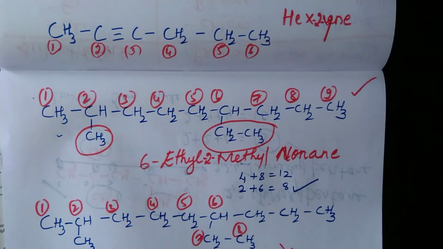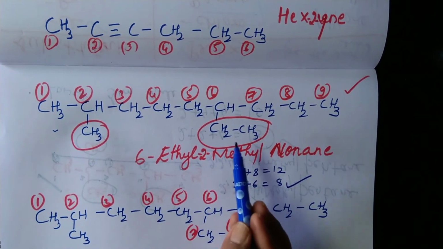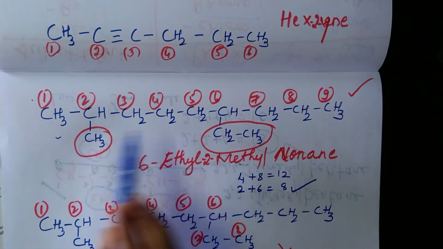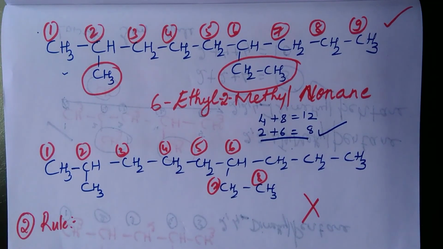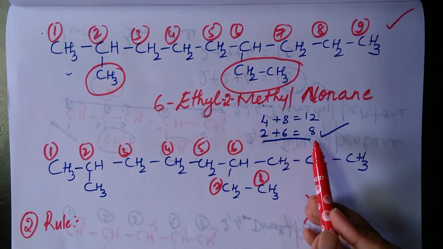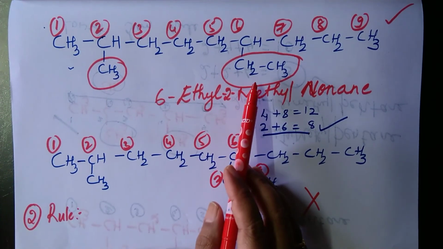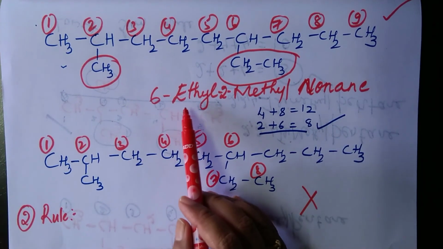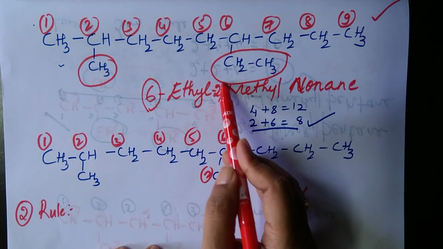Then when will the other rule come into force? If they are placed equidistant, then alphabetical order should be given importance. If it is like this, you number it following the sum of locants, the lowest sum rule. There was a disturbance, sorry for that. So you have to follow the lowest sum rule, and while arranging these alkyl groups, you have to arrange them in alphabetical order. So it has been written as 6-ethyl and 2-methyl.